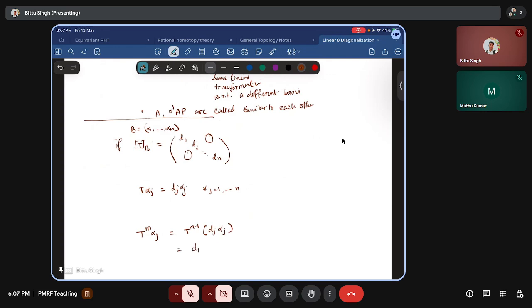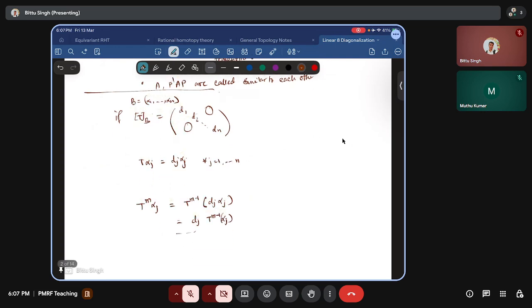So by linearity, this is the same as dj times T to the power m minus 1 alpha j. And inductively, this process will be repeated and we'll get dj to the power m times alpha j.